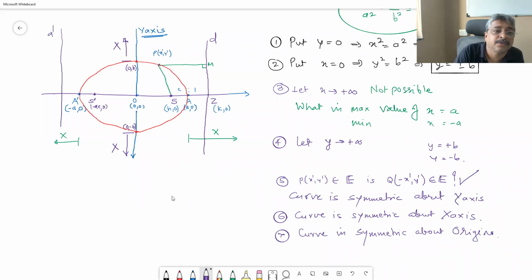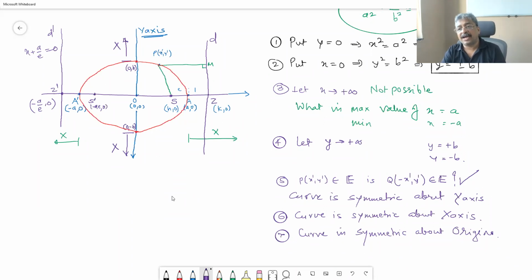D', whose equation is going to be x plus a over e is equal to 0, and this point is going to be Z', which is minus a upon e comma 0. Now the story is complete. Now it is completely symmetric.